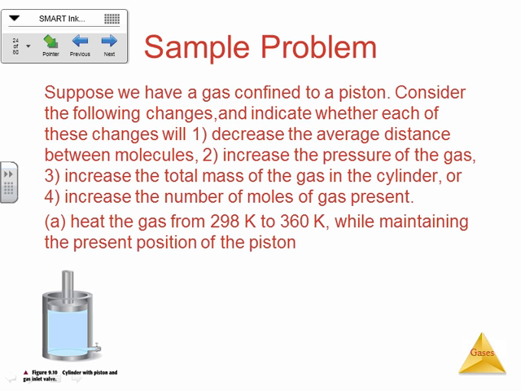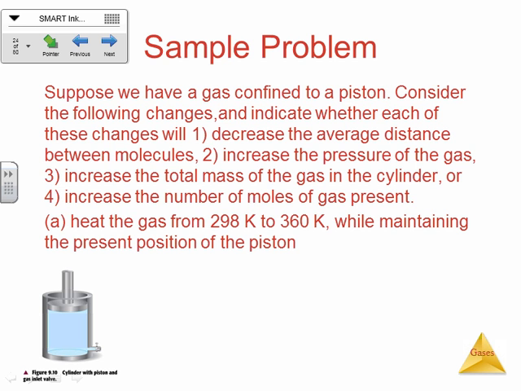Sample problem: we've got a gas confined to a piston. Consider the following changes and indicate whether each will... We can talk about this one because it's just conceptual. A: heat the gas from 298 K to 360 K while maintaining the present position of the piston. So in other words, we're not changing the volume, but we're heating the gas.